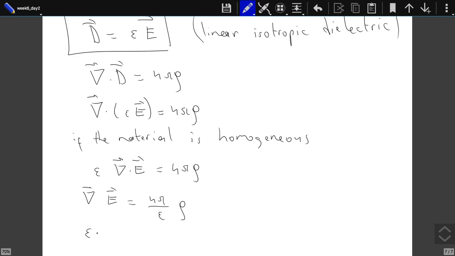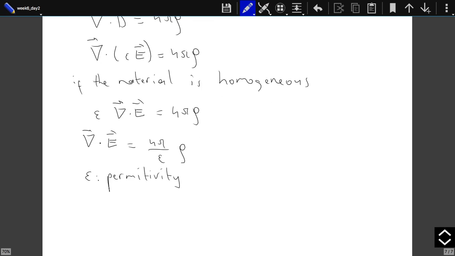Now, epsilon is called the permittivity. Well, basically, nothing changes from the free case. You just replace the charge by charge over epsilon.